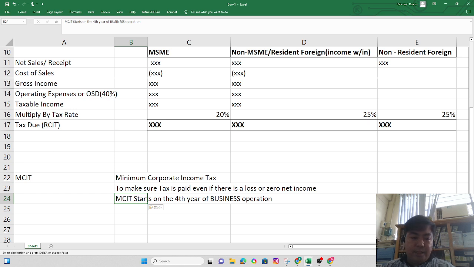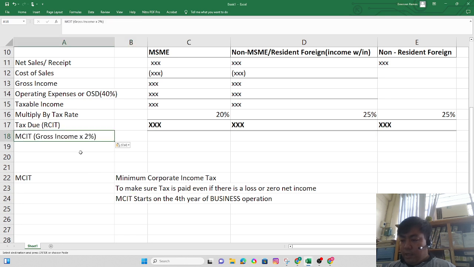So for the minimum corporate income tax, the rate is 2% of the gross income. So take note of the term gross income. So the basis for the 2% is not the sales or receipt. Instead, it is based on the gross income.